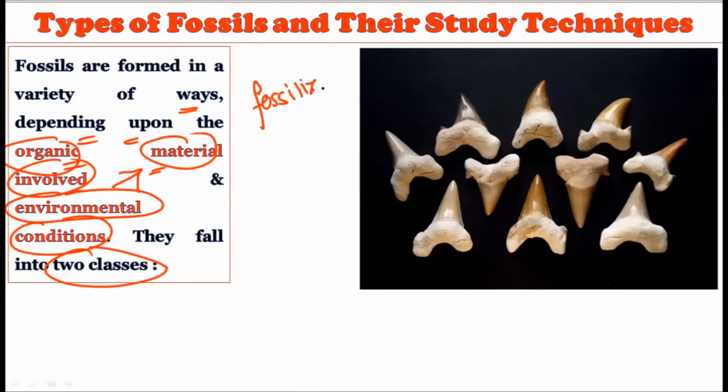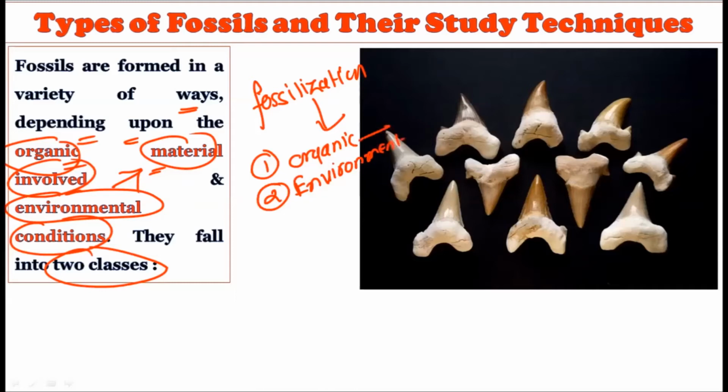The process of fossilization depends upon these two factors: which kind of organic content they have and which type of environmental conditions were there. Depending upon this, we have two classes of fossils.